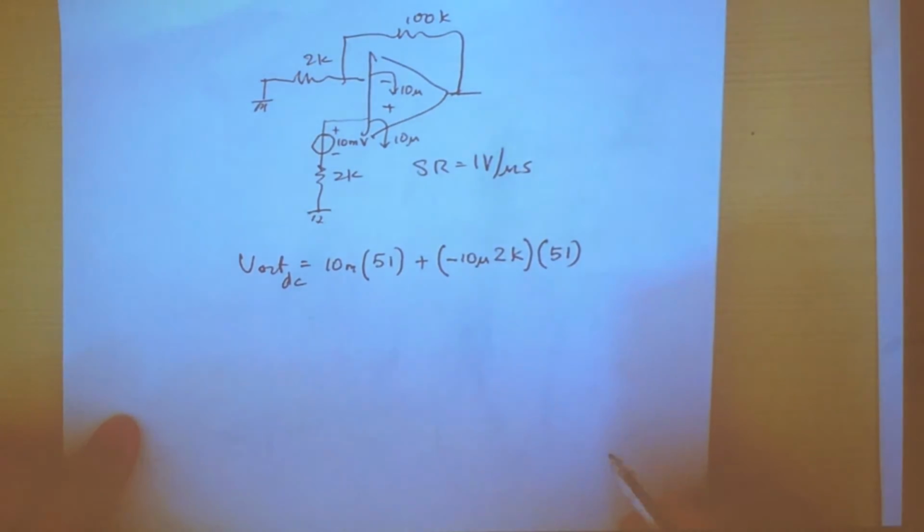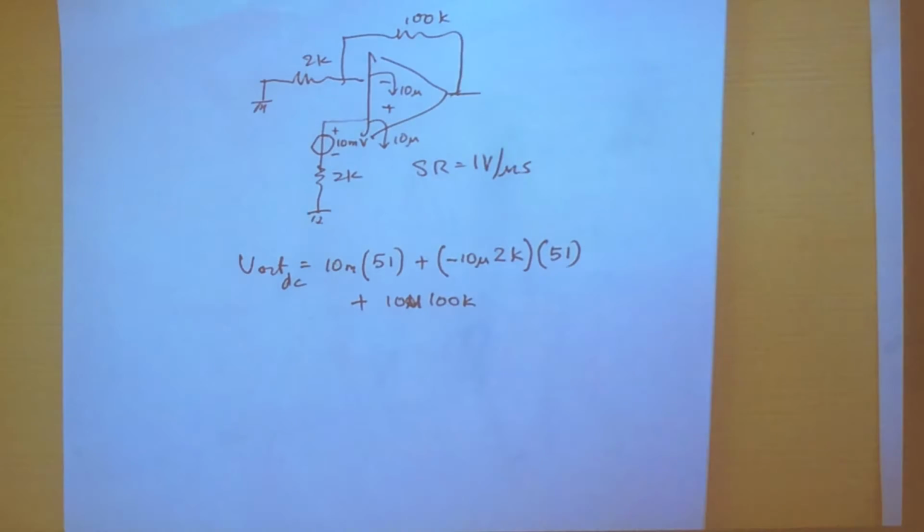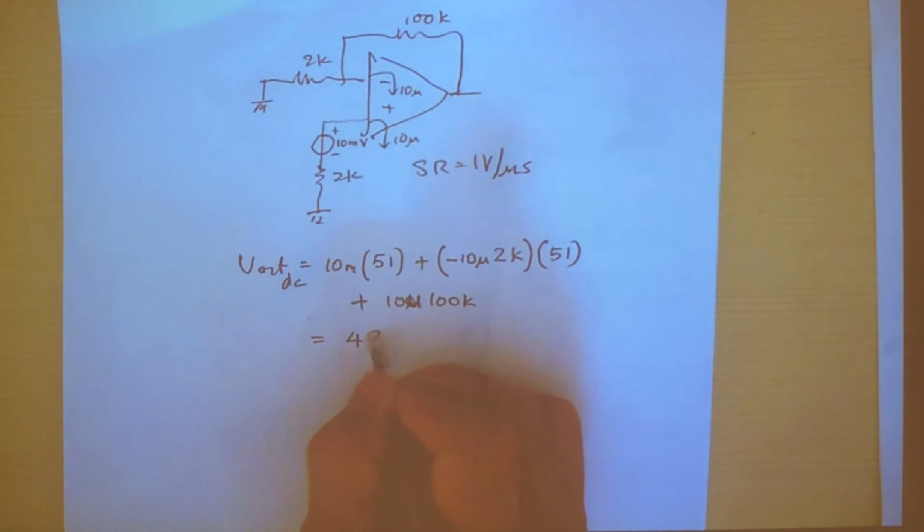And then you look at I minus. I minus would be a current that is again 10 micro, multiply by R2, which is 100K to the output, and this is all that you have. And if you evaluate this, you get a voltage that is 490 millivolts.